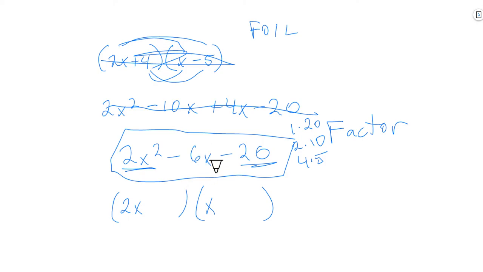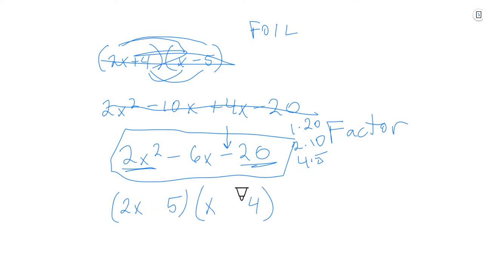I see the middle is 6, and so what I've come to see is that since it's negative, one has to be negative, one has to be positive, which means we're going to subtract. So when I subtract the result, I need to get negative 6. And if I do 2 and 10, that gets me up to 20. I think I'm getting too big. Let's just try 4 and 5. And then you might put the 4 here and the 5 there.